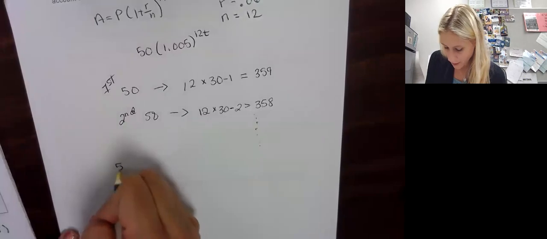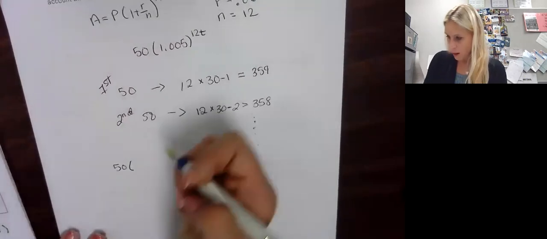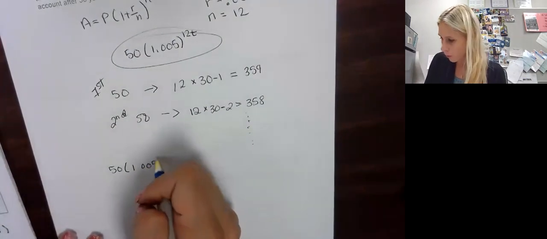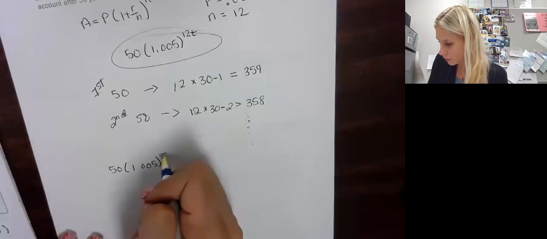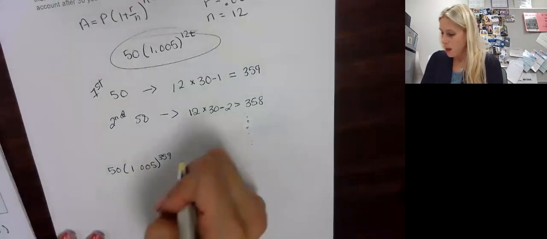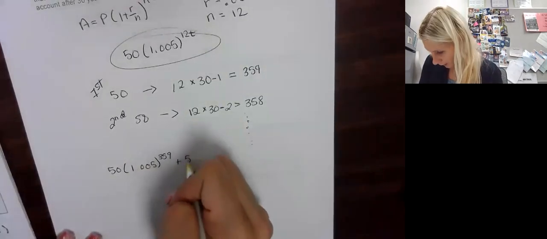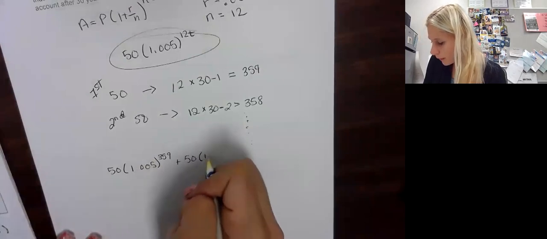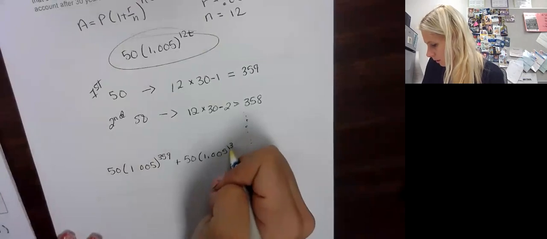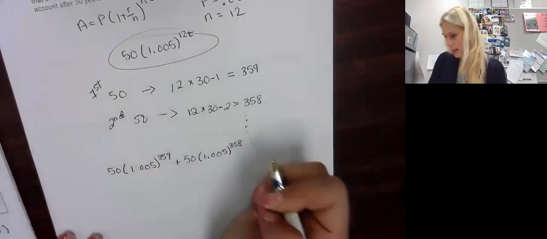So really what we're doing when we add up all the interest, right? We're adding up this 50. Remember, we have these guys right here, 1.005. And we're doing this one for 359 months, where the next $50, we are actually doing it for 358 months.